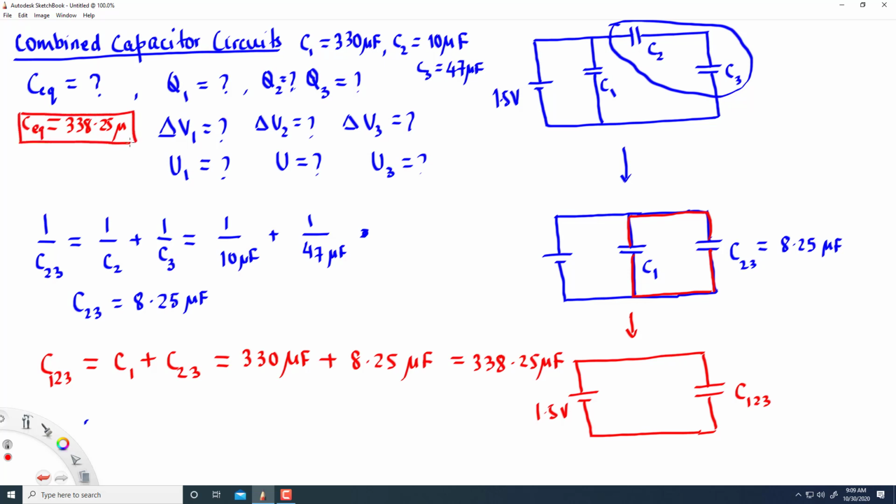Now next is we want to find the charge and potential difference and energy in each of the capacitors. So for that, we'll start with this equivalent one.